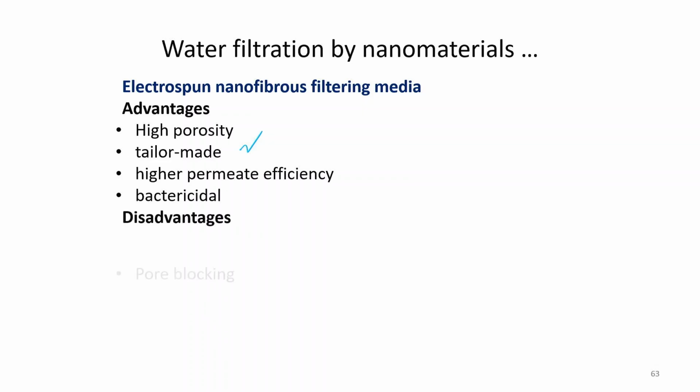The disadvantage is pore blocking. Due to the uneven pore size and the nonwoven fibrous structure, particles will penetrate inside, unlike the membrane where the surface is smooth.